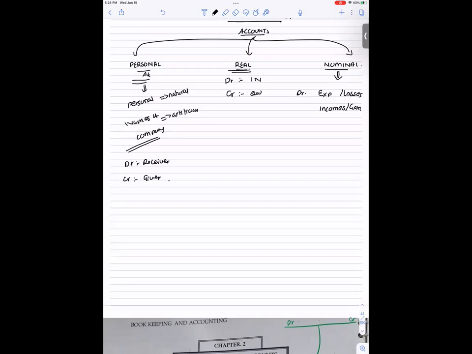Now whenever we are passing journal entries, your first thinking point would be cash or bank.